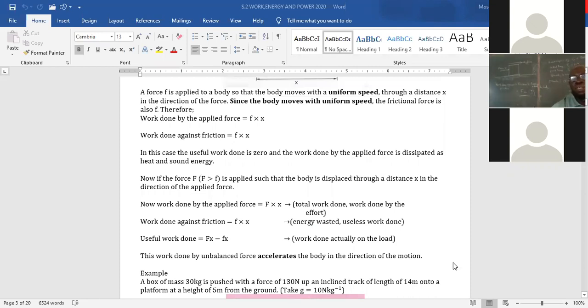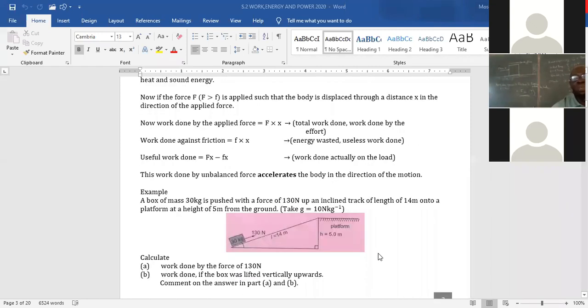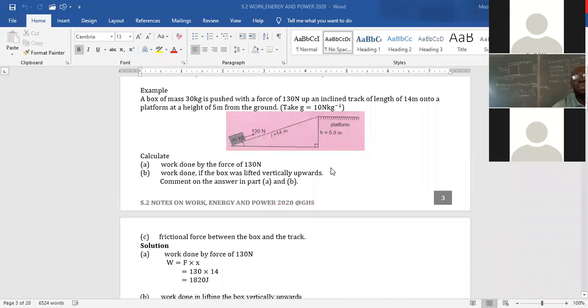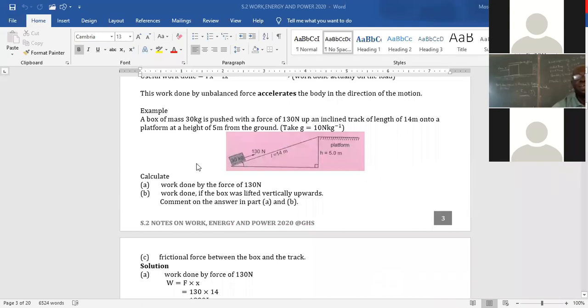I wanted the inclined plane to clearly bring out the useful work done, and then the useless work. Just that it is not a complicated number.